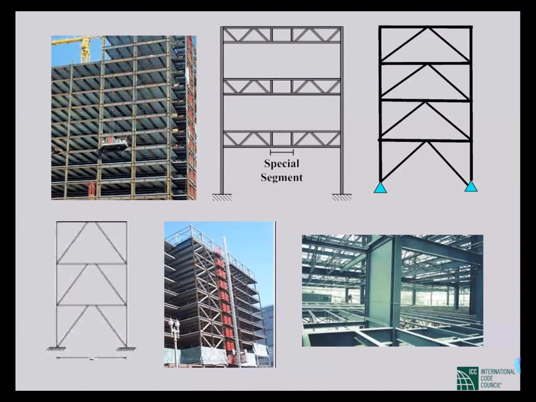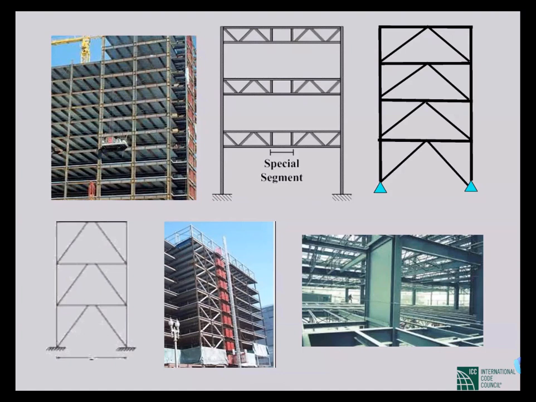There can be many different configurations, both for CBF and EBF, concentrically braced frame and eccentrically braced frame. Bottom middle is a buckling restrained bracing system, and special plate shear wall is at the bottom right.